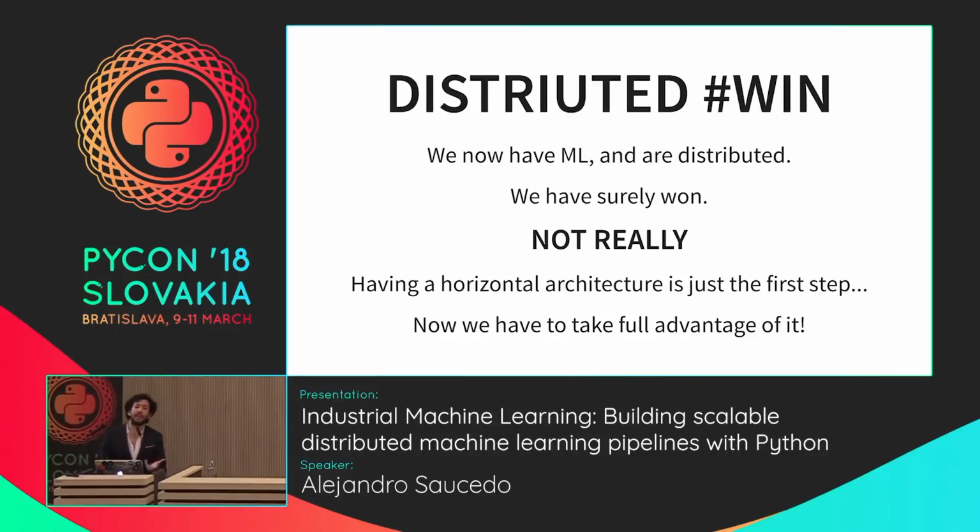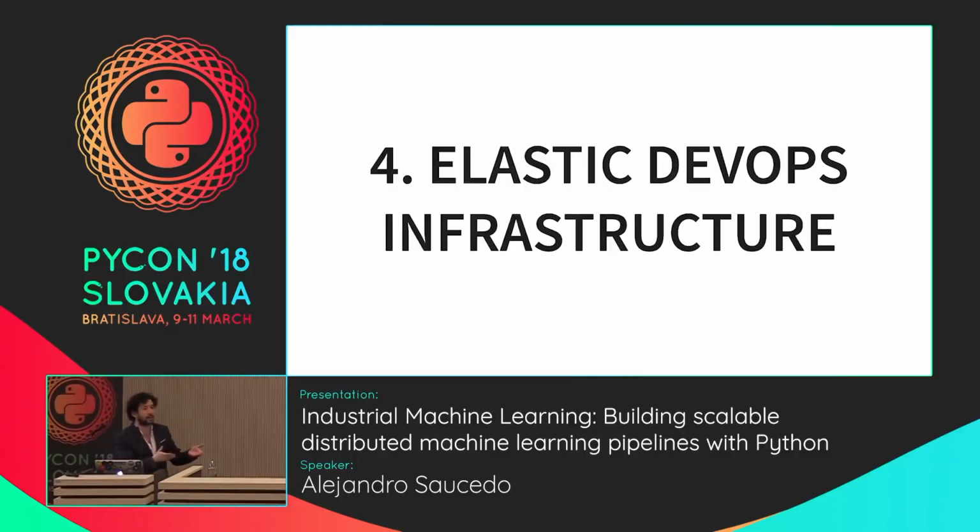But ultimately, once you have a distributed architecture, now what you're doing is you're spinning it up manually in your production environment. And that means that you may have, say, 10 workers, but you end up having some idle time and whatnot. And that is when you need to start thinking of your DevOps.